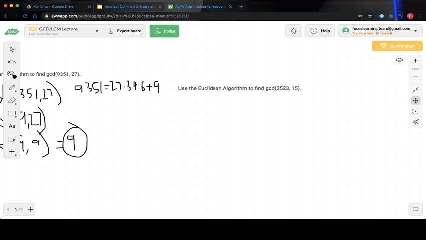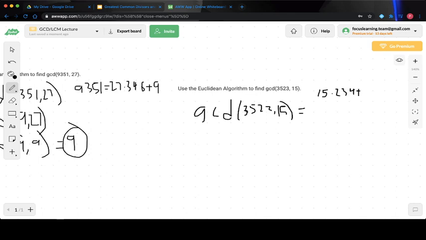So as Heather Feathers 2 pointed out, the answer is just one, which comes from the Euclidean algorithm. The GCD of these two numbers: we divide 3523 by 15, which equals 15 times 234 plus 13.